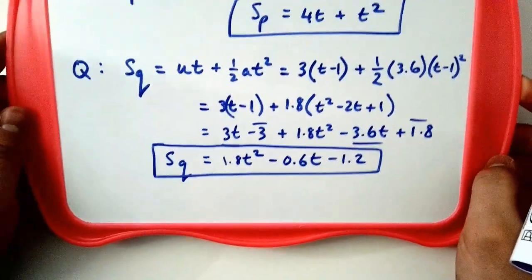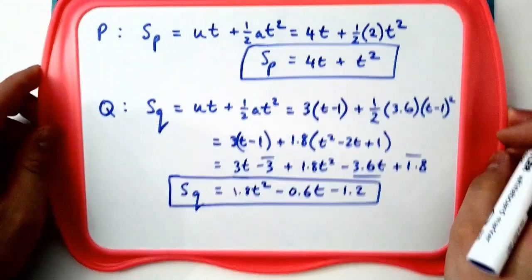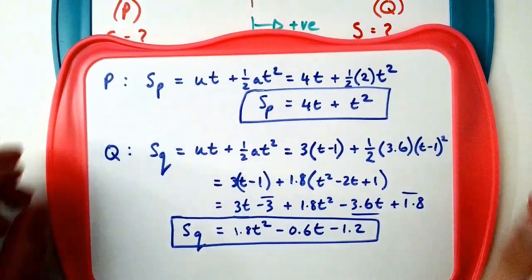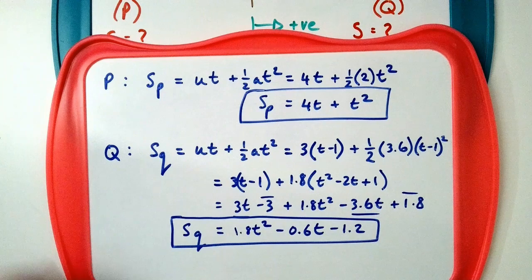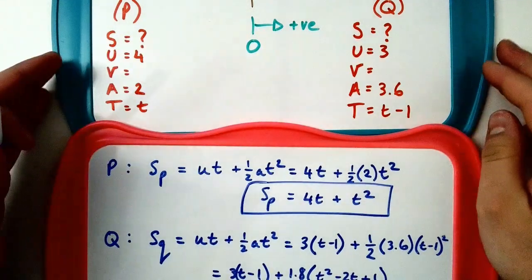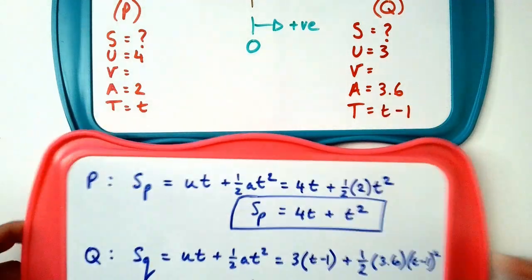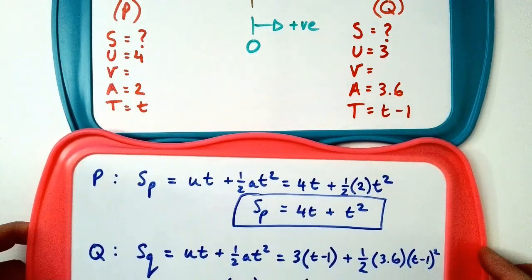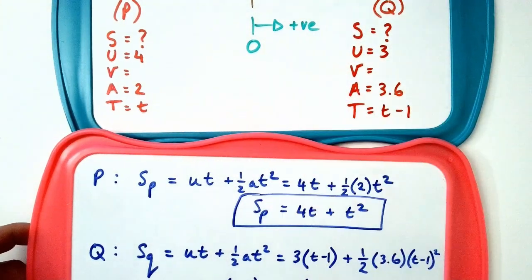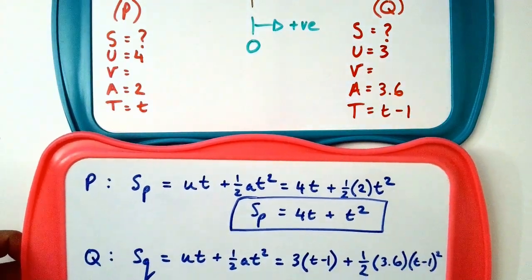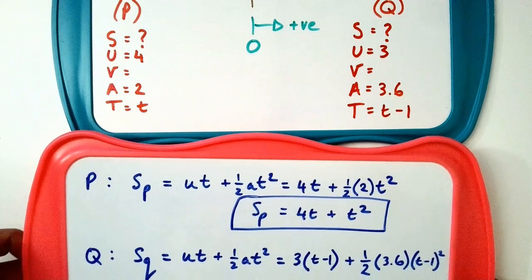So, just to have a look here. Going back to our diagram, just to reiterate why we need t minus 1 here. If we didn't have t minus 1 in this, then our diagram wouldn't be correct.